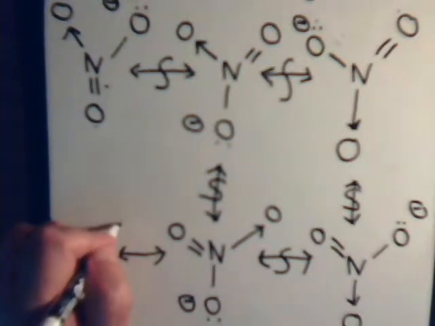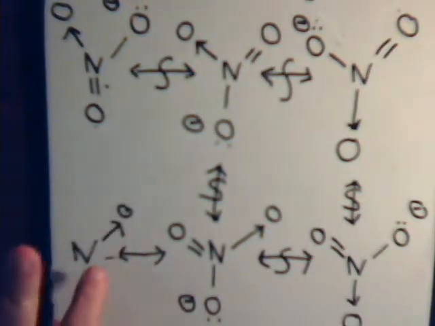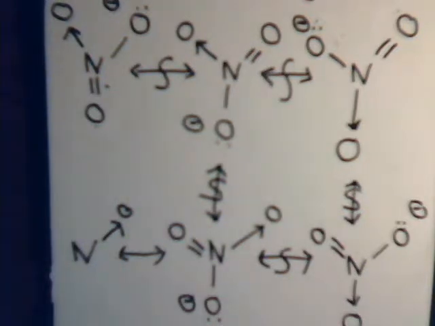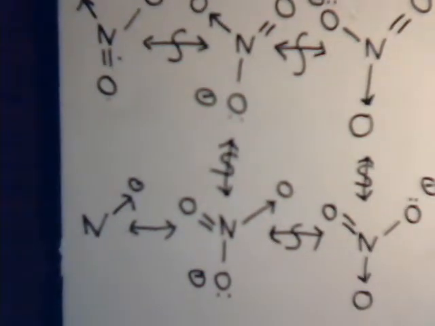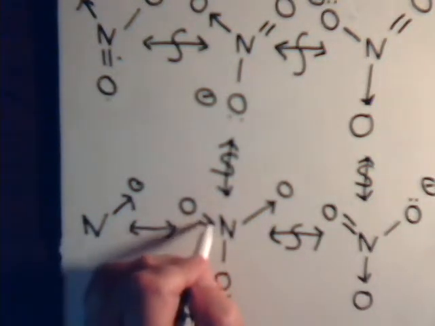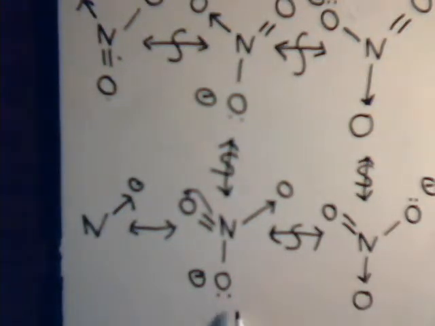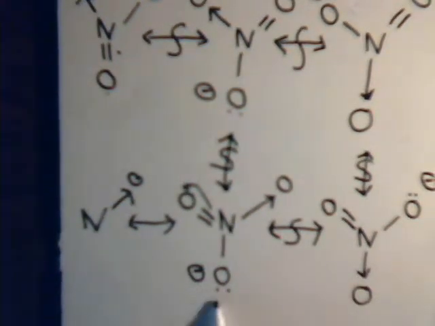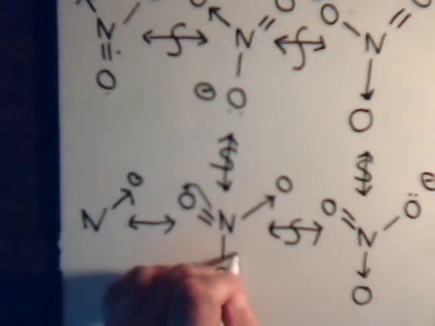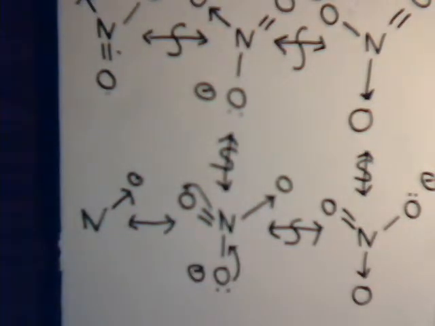We have enough room to do it. Here we have nitrogen. Coordinate bond to this oxygen. Only now, here, for this resonance structure, this lone electron pair, well, this oxygen keeps both pi electrons. This one, which now had a lone pair of electrons, comes in to form the double bond.